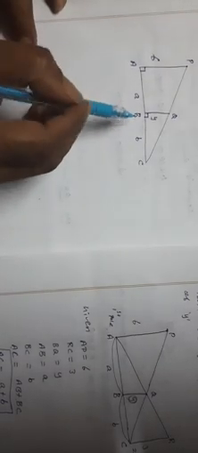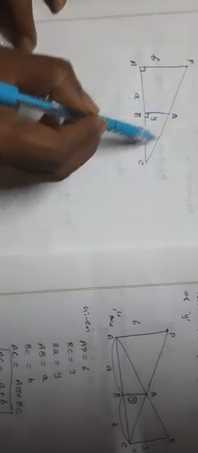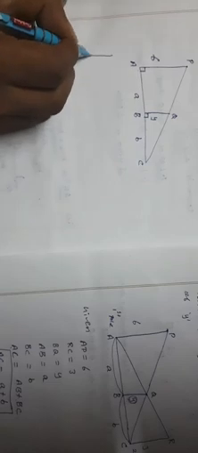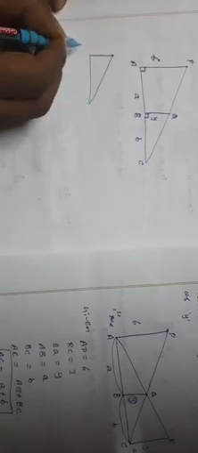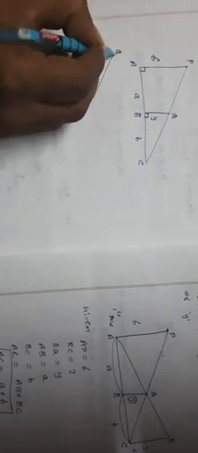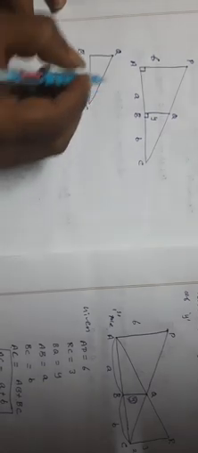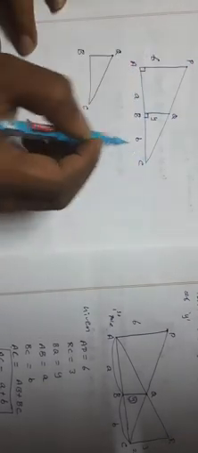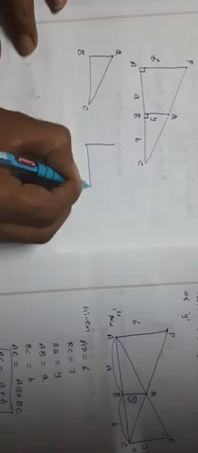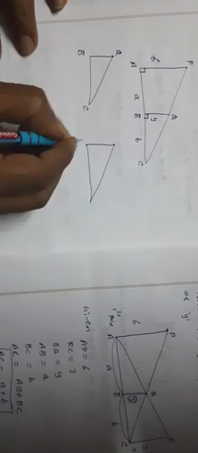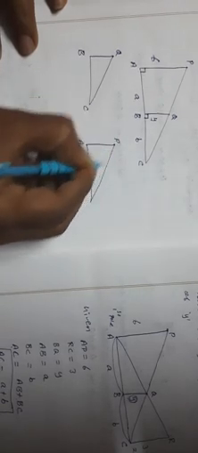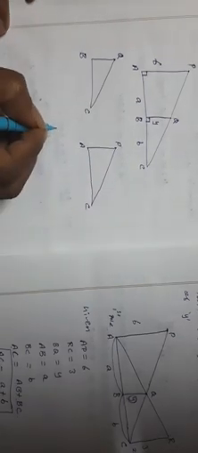First I take the triangle BQC, and the second triangle I take is ABC.